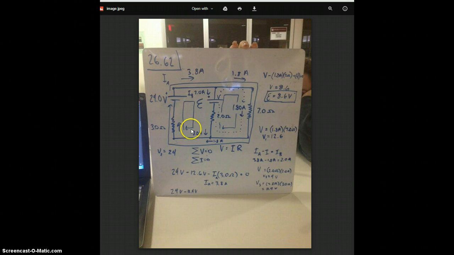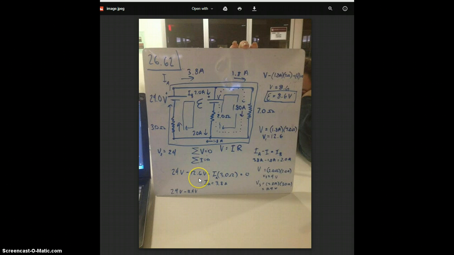I said this loop had to sum to 0 volts. With the 24 volt battery, I think I just arbitrarily guessed that it was going this way, and I'm sure it ended up being right. I don't think I switched direction. So the 24 volts going this way is equal to everything else that I subtracted from it, which is the 12.6 volts.